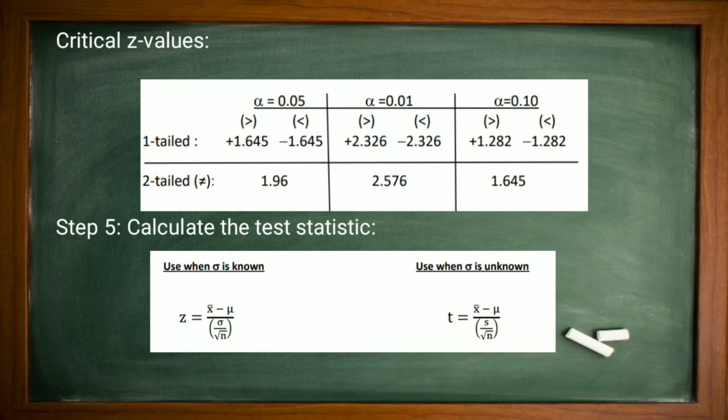And then last, 0.10. Meron tayo dyan positive 1.282 and negative 1.282 para sa ating one-tailed. And then 1.645 naman para sa ating two-tailed. So, mamaya po meron naman kaming table na ipe-present.